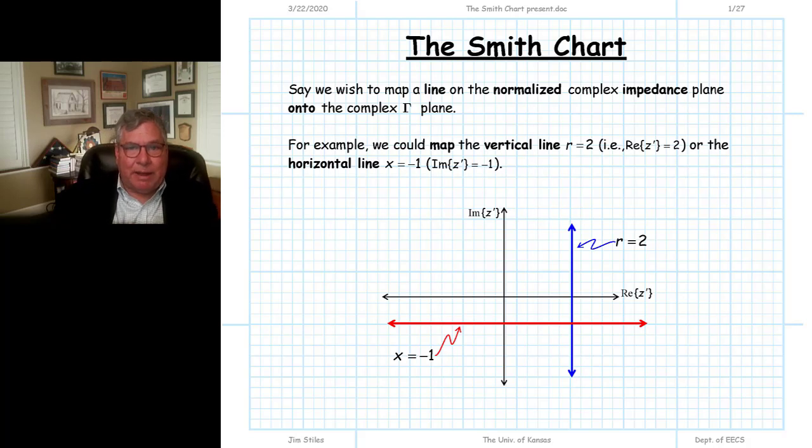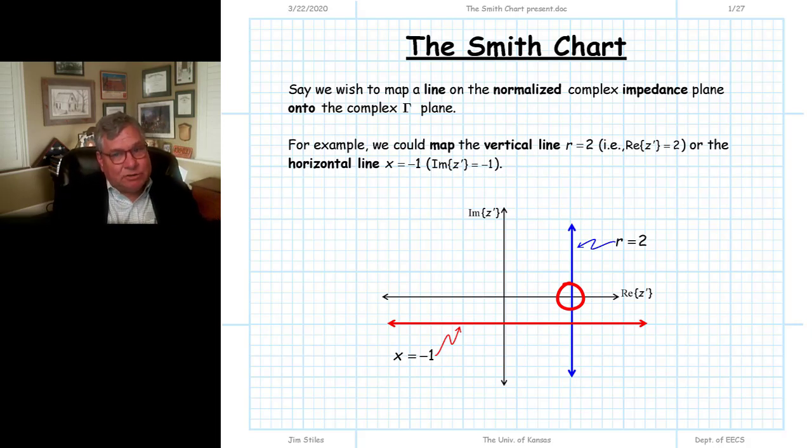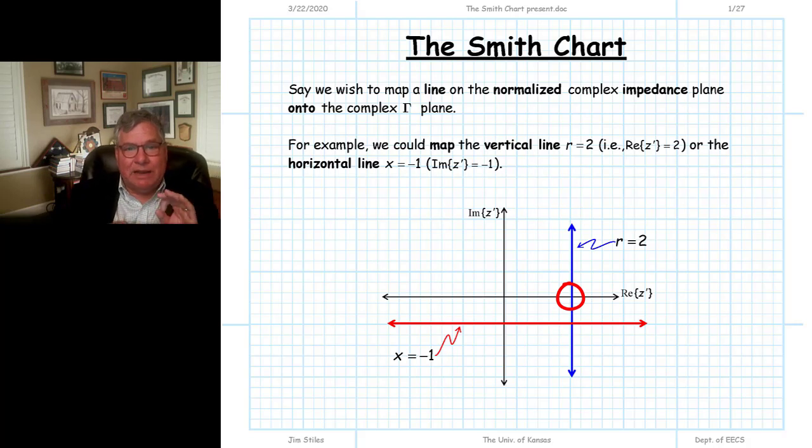Now, the important thing about this is that this contour is going to extend again to plus infinity and minus infinity. When that contour crosses the horizontal axis, the real axis, at that point it corresponds to an impedance whose real value is equal to 2, but whose imaginary value, because it's crossing the horizontal axis, would be equal to 0.